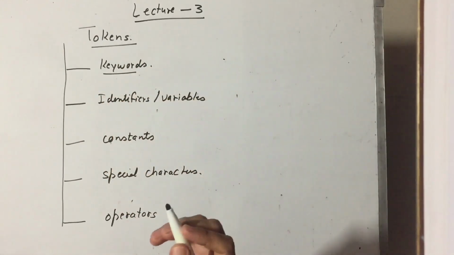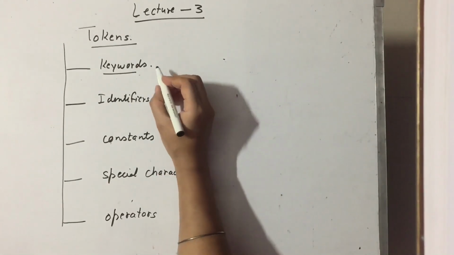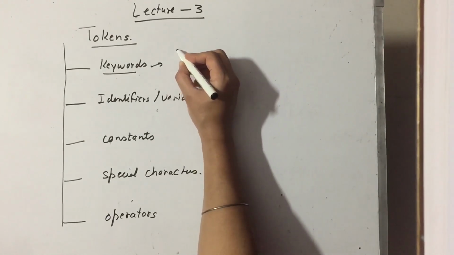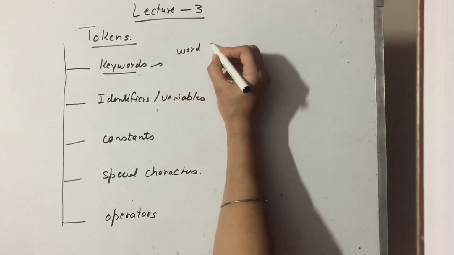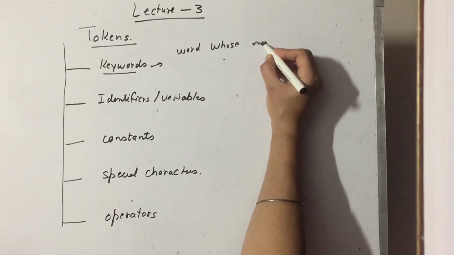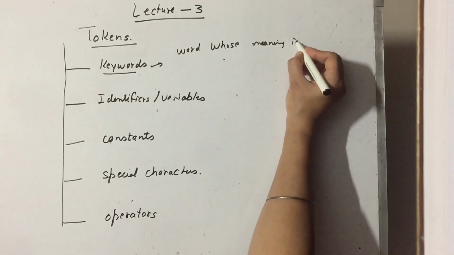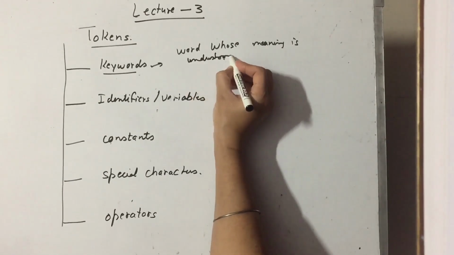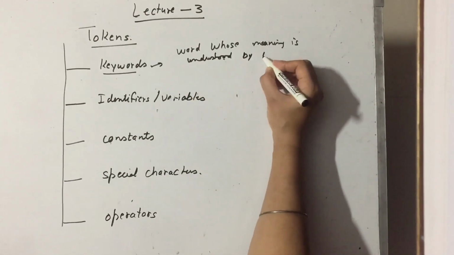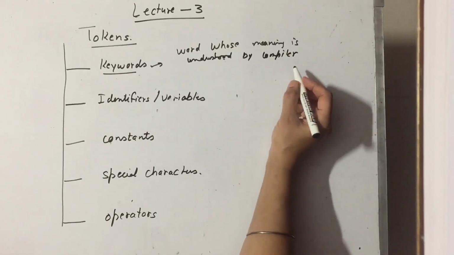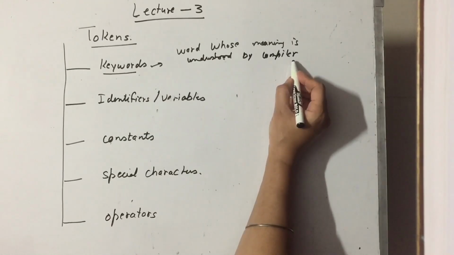What is a keyword? A keyword is basically a word whose meaning is understood by the compiler of that language. So all the keywords of C will be understood by the compiler of the C language.